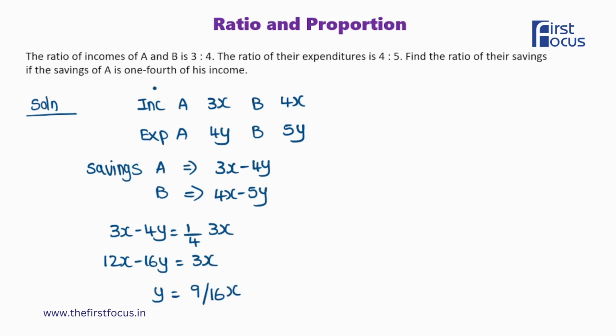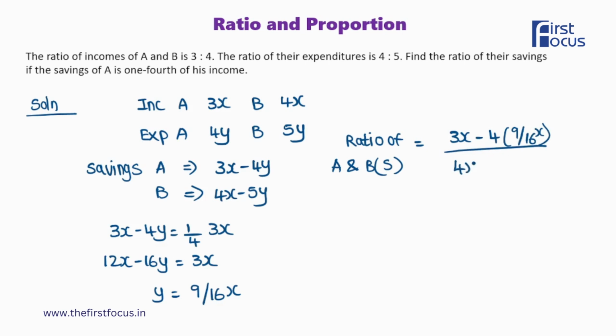Then we have to find the ratio of A and B savings. Then the ratio of A and B savings is, we have to substitute the value of y here. 4 into 9 by 16x divided by 4x minus 5 into 9 by 16x.